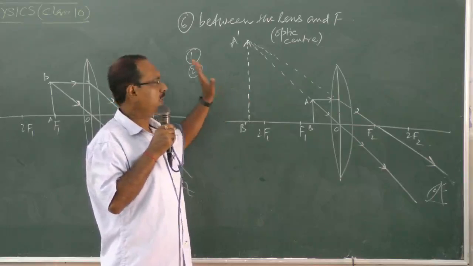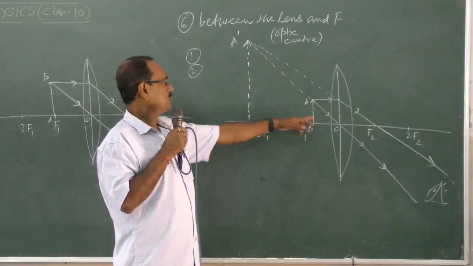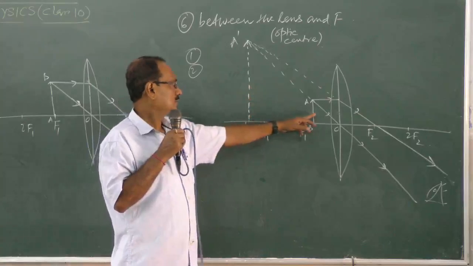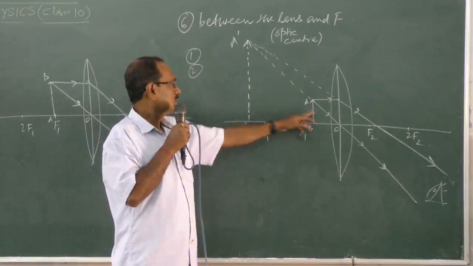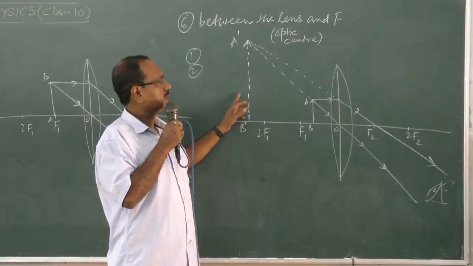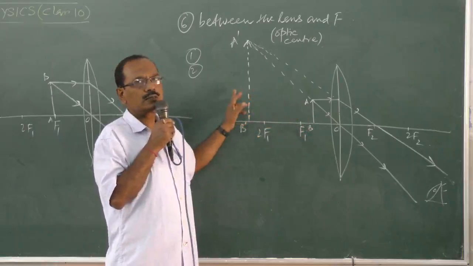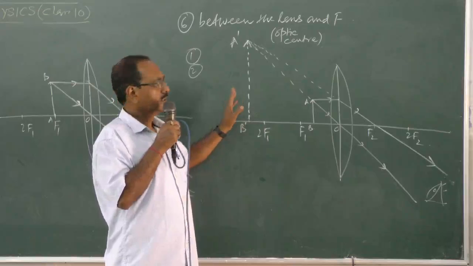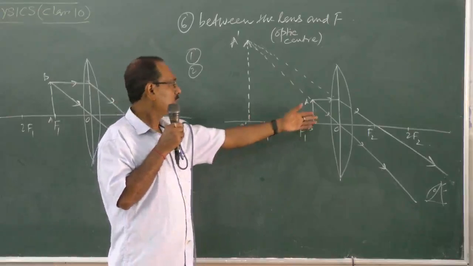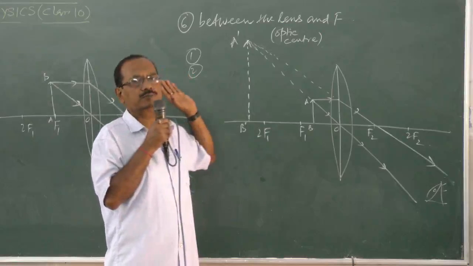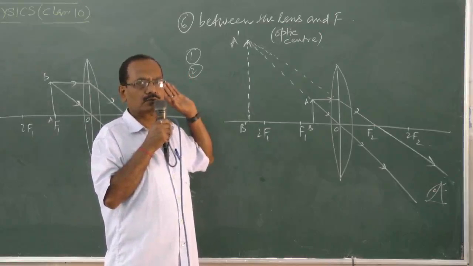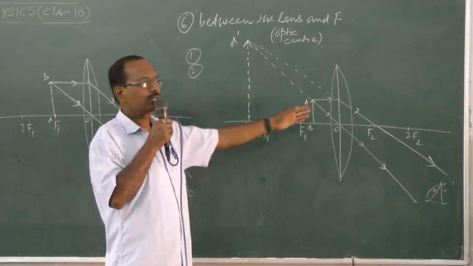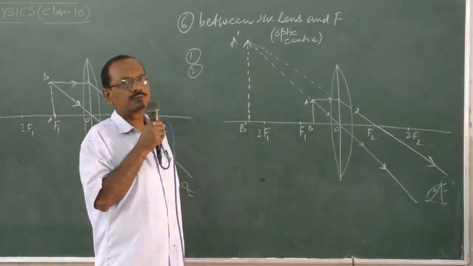Number 3, the image is enlarged, bigger than the object, enlarged or magnified. Number 4, it forms on the same side of the object. Obviously behind the object, but whichever side we kept the object, that side it will form.